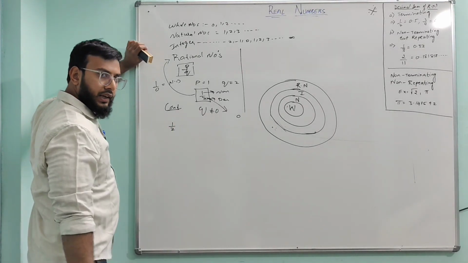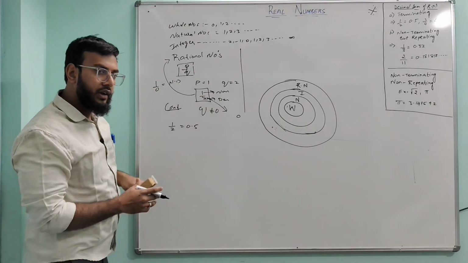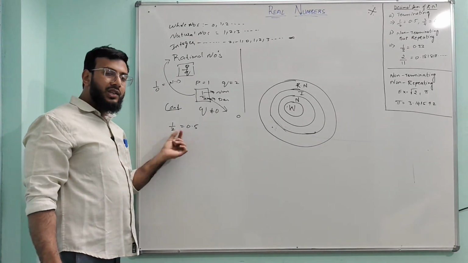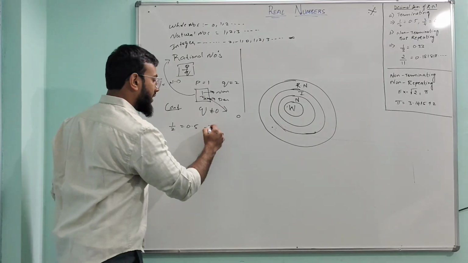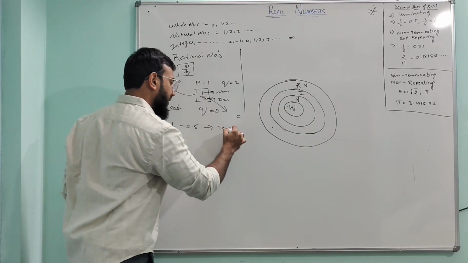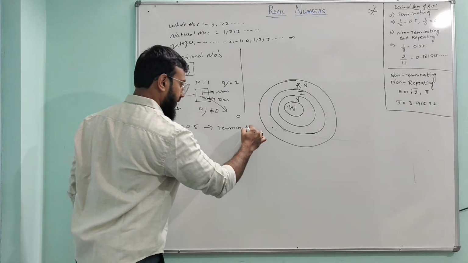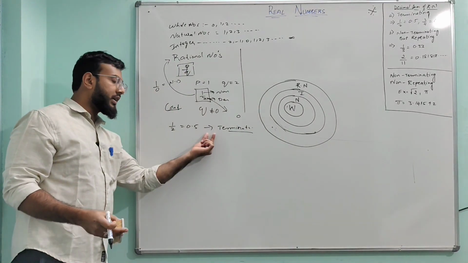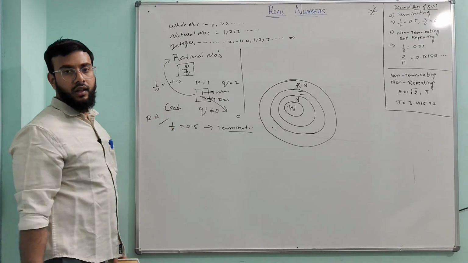1 by 2. If you take an example, 1 by 2, I'll be getting 0.5. It is stopping. After the decimal point, this number is getting stopped. So this is called terminating, the word we have used in grade 9. The number is getting terminated, so this is also called a rational number.